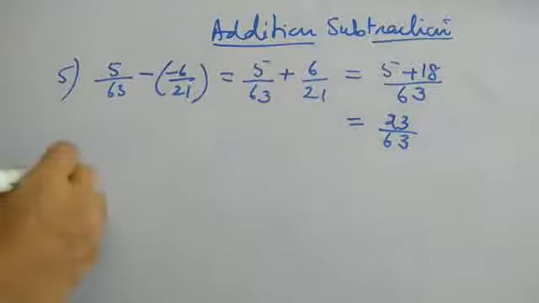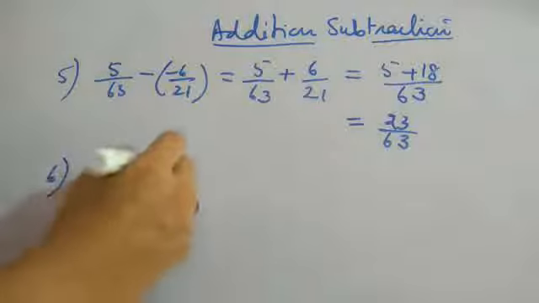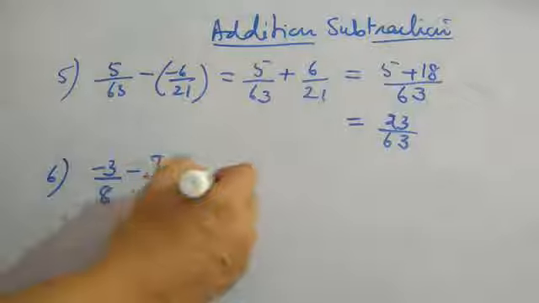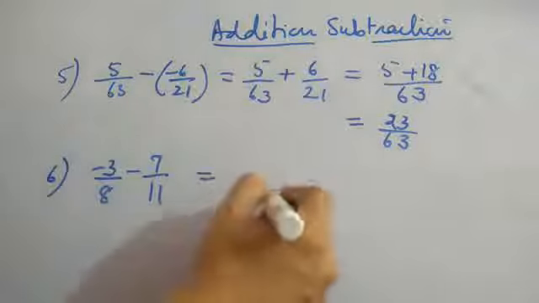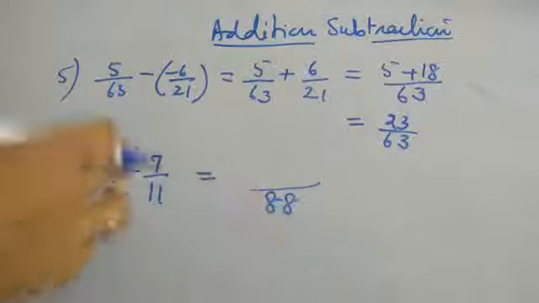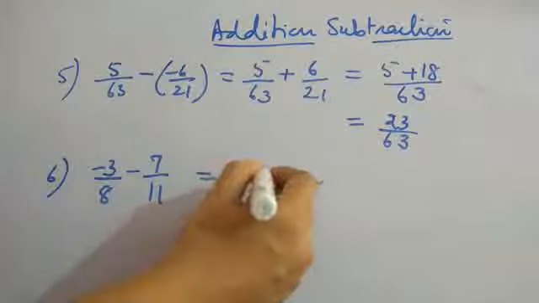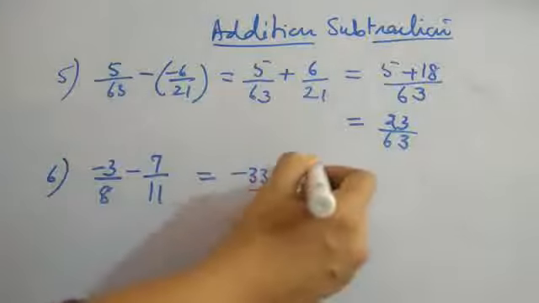The next example and the last one. Minus 3 upon 8 minus 7 upon 11. Now 11 and 8, they don't have any common factor. So the LCM will become 88. Now 8 11s are 88, so 3 11s are 33, minus 11 8s are 88, so 7 8s are 56.